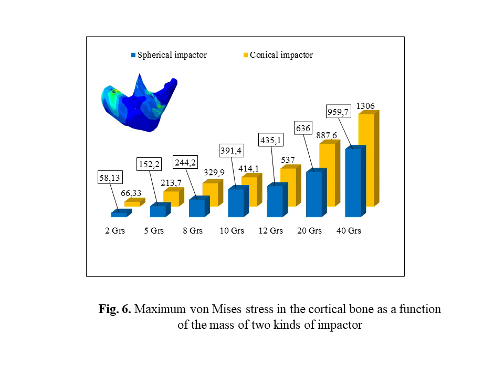Figure 6 represents maximum volumetric stress in the cortical bone as a function of the mass of two kinds of impactor.